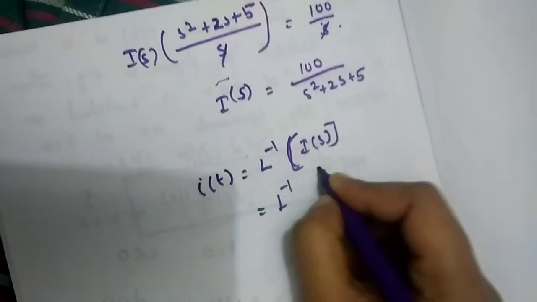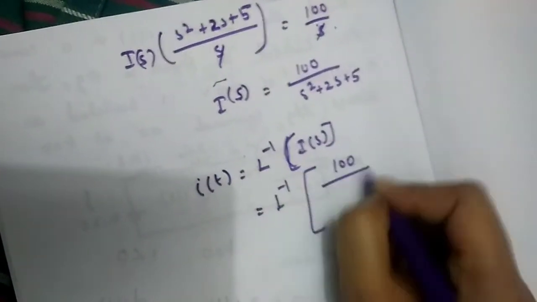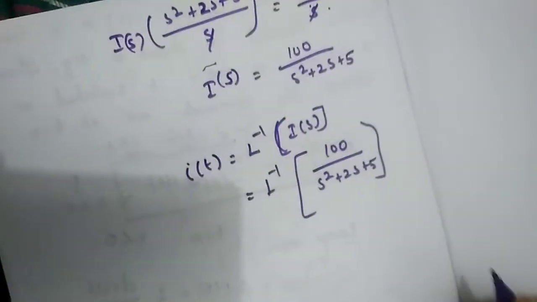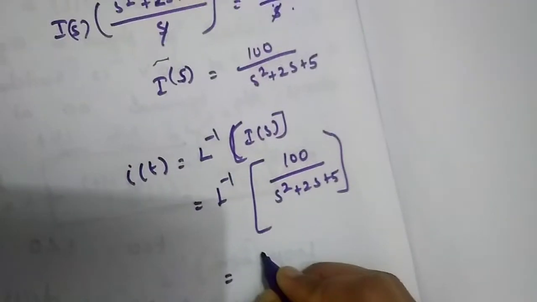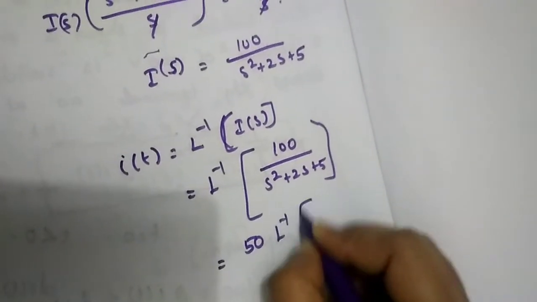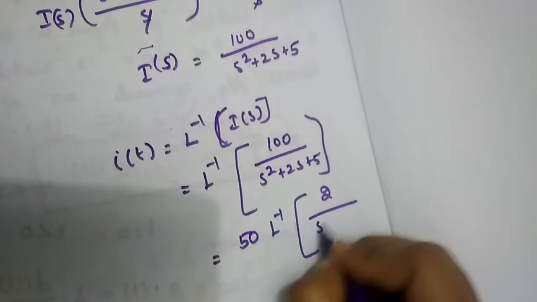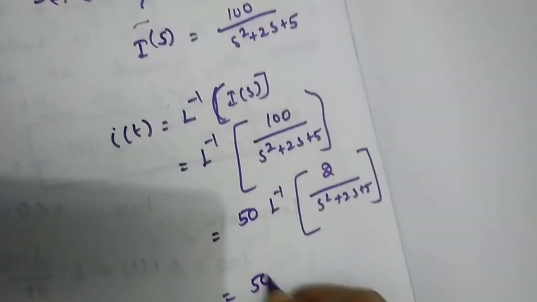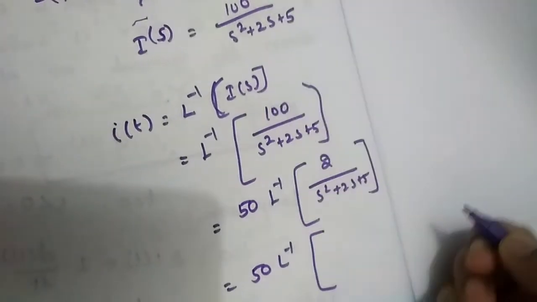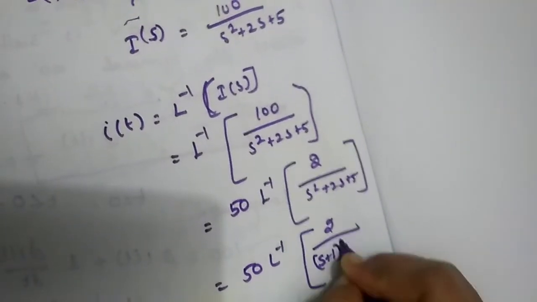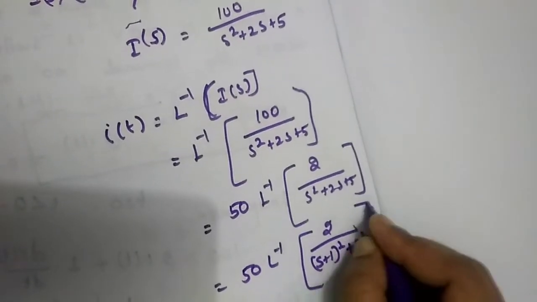So the inverse Laplace transform of 100 divided by s square plus 2s plus 5. For solving this, we take 50 outside, so this becomes 2 divided by s square plus 2s plus 5, and this can be rewritten as s plus 1 the whole square plus 2 square.